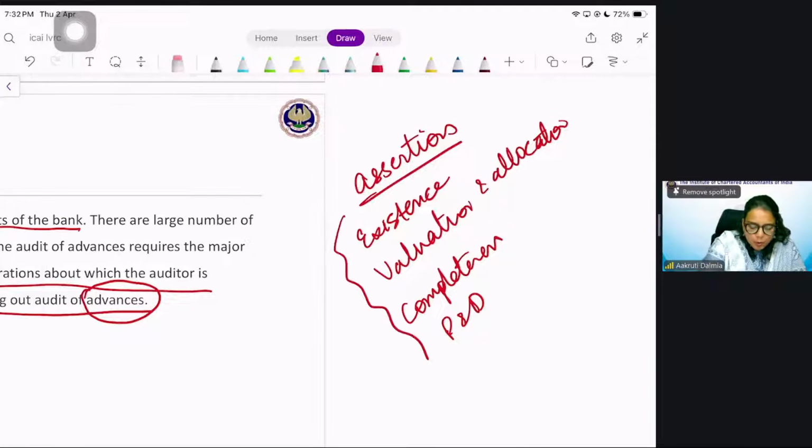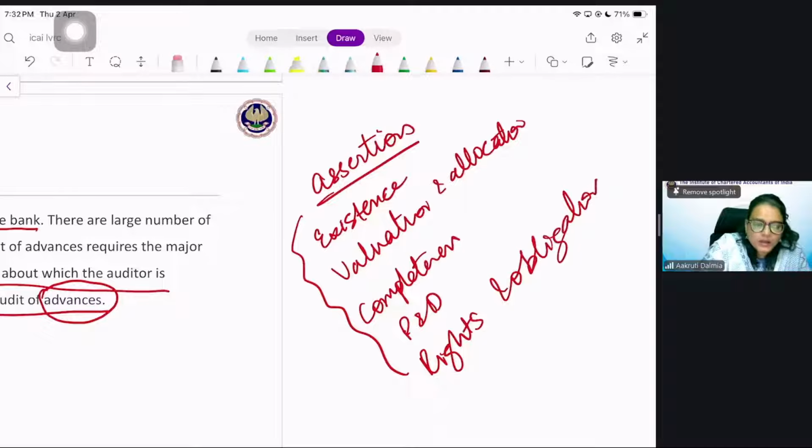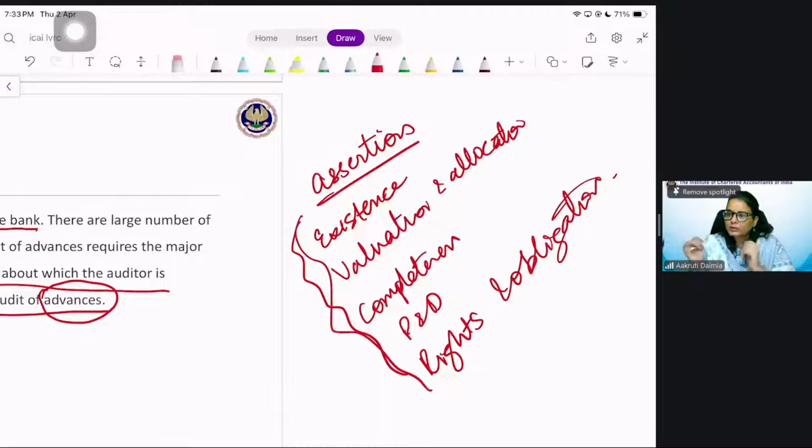If you remember, in the exam, if you are asked to audit anything, you have forgotten one thing, of course, rights and obligations. In the exam, whenever you are told to audit something, whether it's rent, whether it's contingent liabilities, whether it's advances, you have to remember whether it's first a P&L item or a balance sheet item.